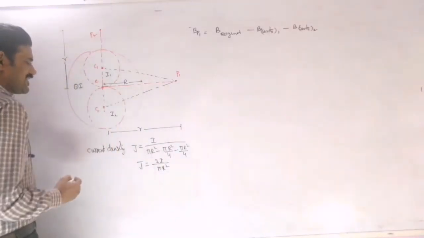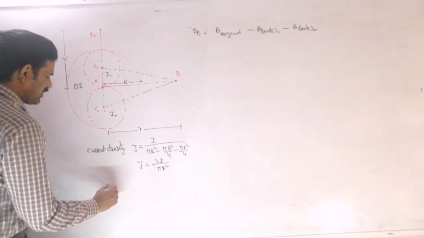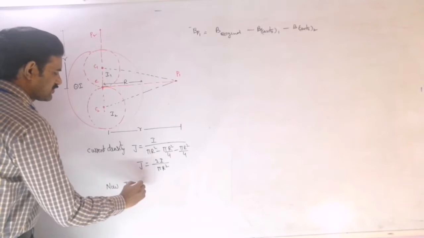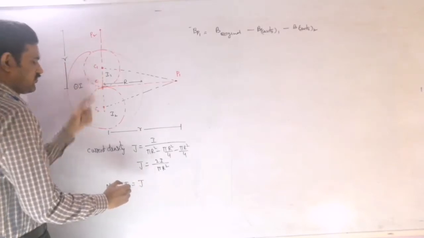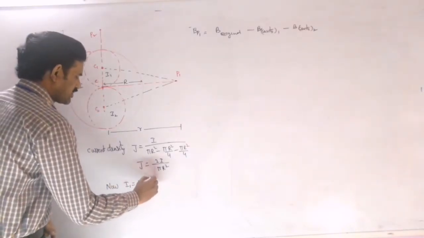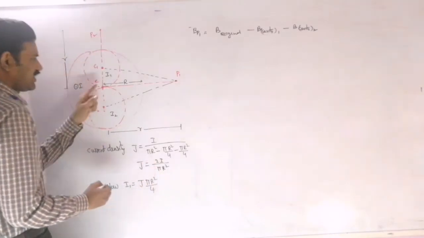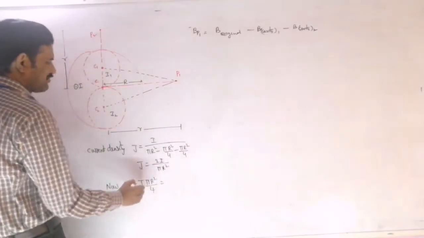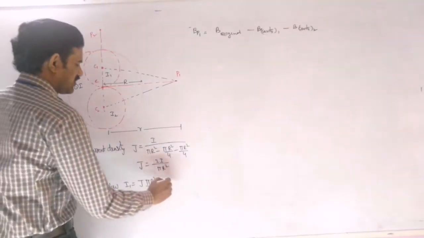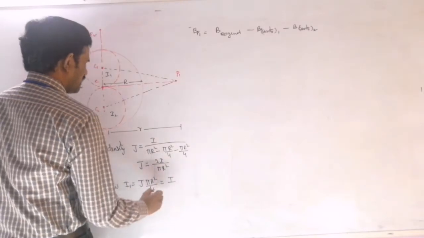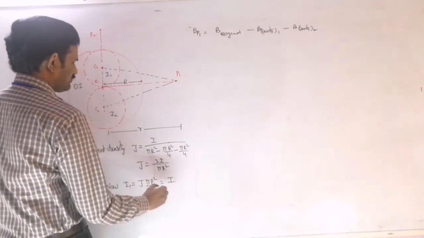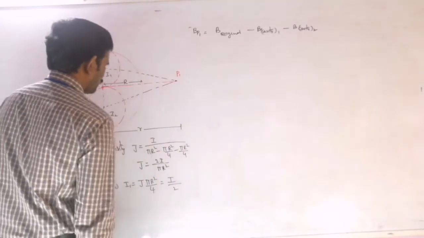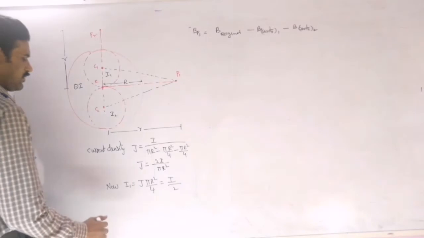Now let us write this I1 value, the current through cavity 1. I1 is equal to what can we write? J into the area of that. The area of that we can write as pi R square by 4, because the radius is R by 2. The diameter is R, so the radius is R by 2. And now for J you can substitute that value and simplify.